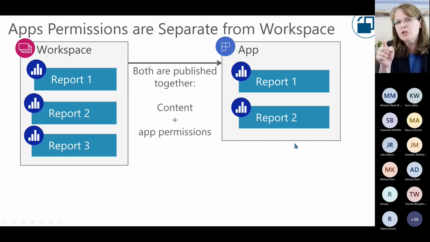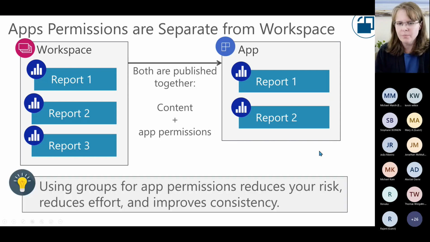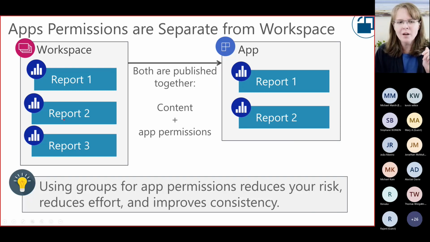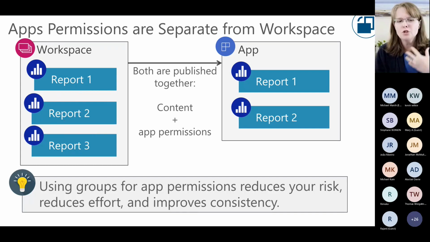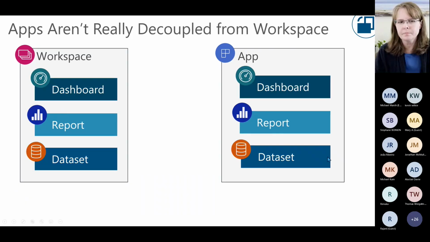But the app permissions go along with when this is published. So here's the deal. If you are messing around with report number 2 in the workspace and you're trying to get it just right, and you need to publish the app again because somebody new needs permissions, you've got yourself a problem. So using groups reduces that risk.